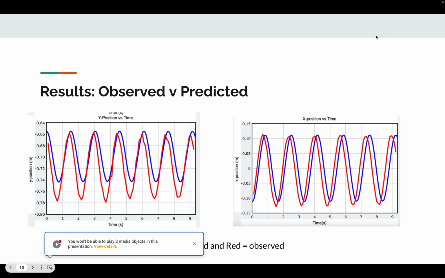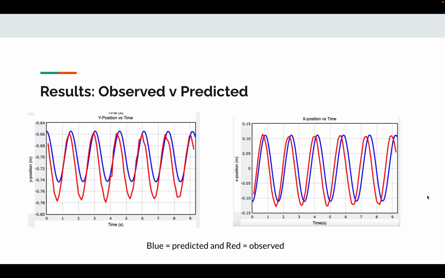The observed versus predicted, it does seem that the observed motion is a little bit higher in the Y position, but pretty close in the X position, and this probably has to do with human error in tracking, as well as the way that we calculated the spring constant, because we are accounting for both Y and X motion. I only used the X position when we calculated it, so it may not have accounted as well as it would have for the Y position.